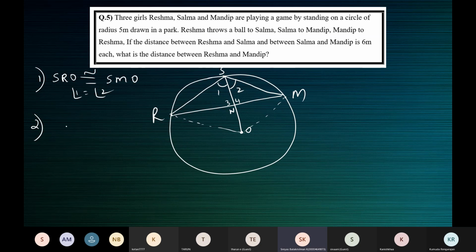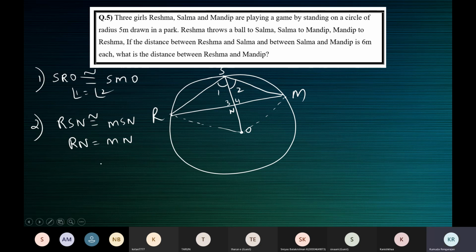Ma'am, next we need to prove that triangle RSN is congruent to triangle MSN. Okay, from this, what will you say using CPCTC? Ma'am, RN is equal to MN. And then after that, one more result.